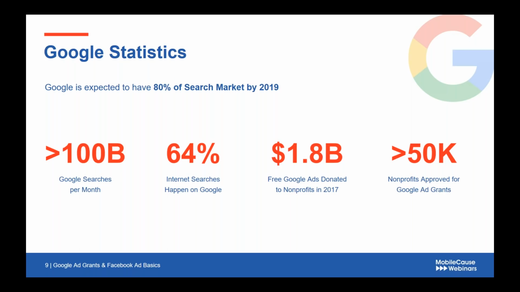What's really amazing is that Google for Nonprofits and the Google company have made a stand for the nonprofit sector. Last year alone, Google granted over $1.8 billion in free Google advertising, and we'll be talking more about how to leverage that. And over 50,000 nonprofits have already been approved for the Google Ad Grant.